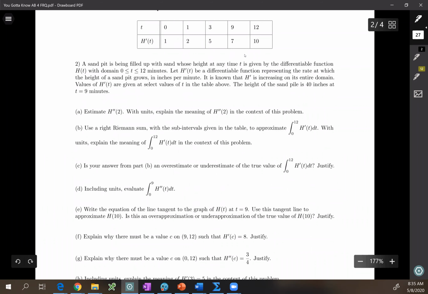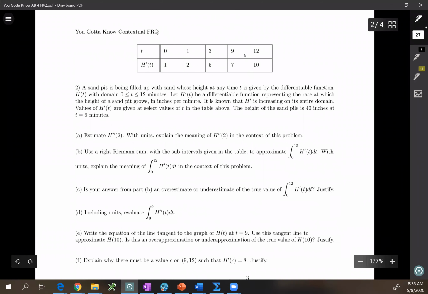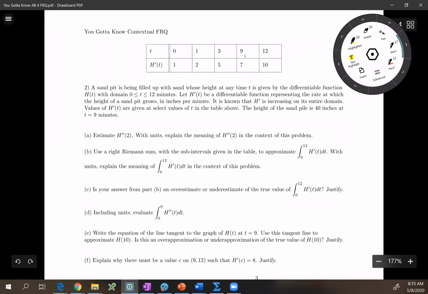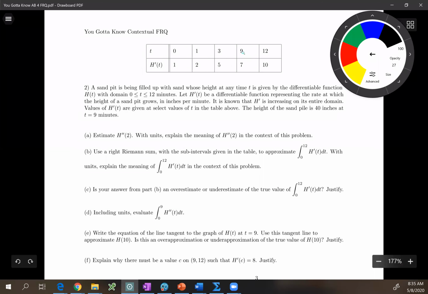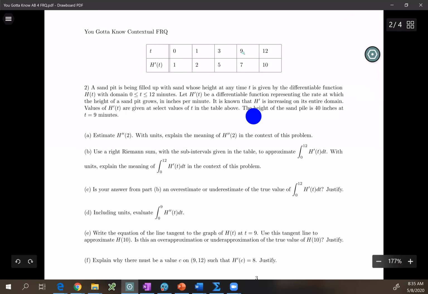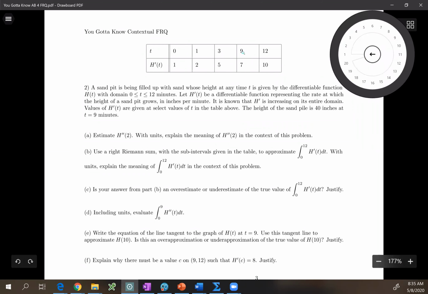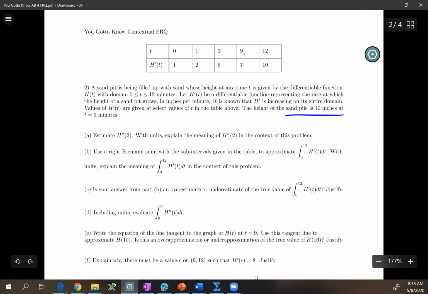so for this question, Elvia was asking about B, and it does say the height of the sand pile is 40 inches at t equals 9 minutes.